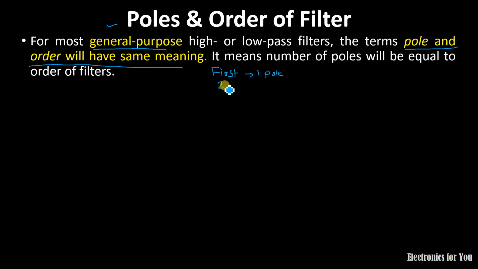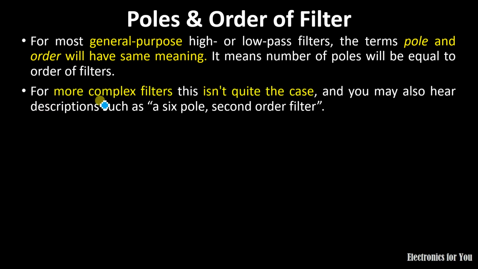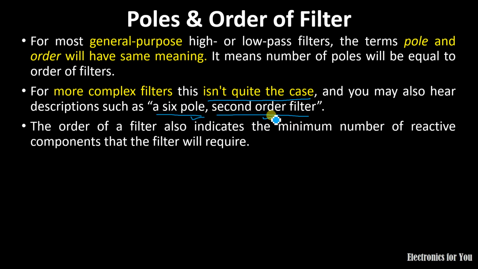If it is a second order filter, then its pole will be 2. Like this, the pole and order have the same meaning. But for a complex filter, it is not quite the case, because we can have a 6 pole and second order filter, where pole and order are two distinct concepts.